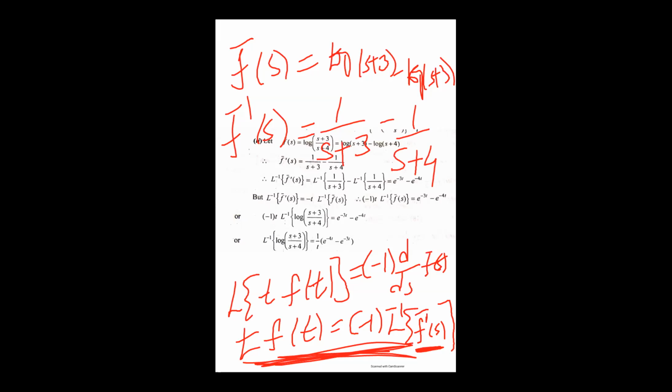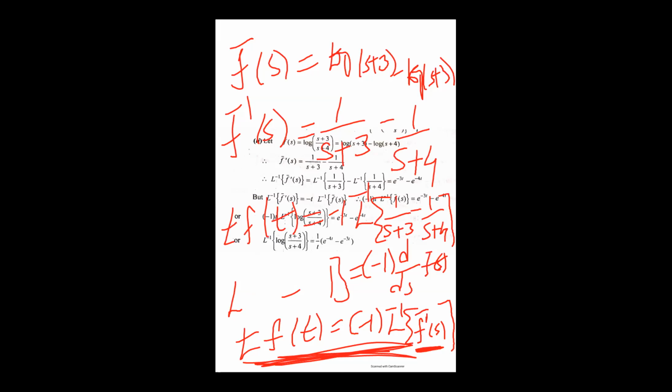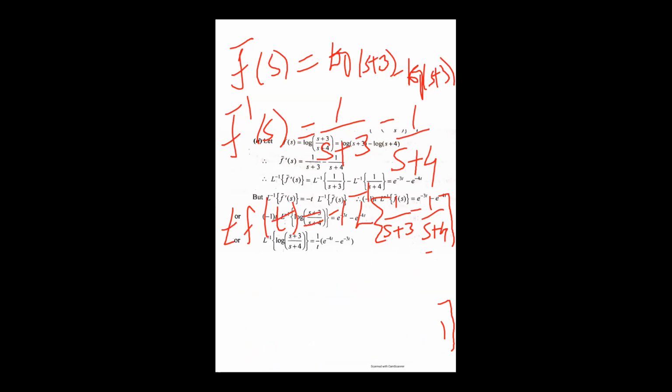t into f of t on the left hand side equals minus 1 L inverse of f bar dash of s. That value is 1 by s plus 3 minus 1 by s plus 4. We know the formula of L inverse of 1 by s plus 3 is e power minus 3t.